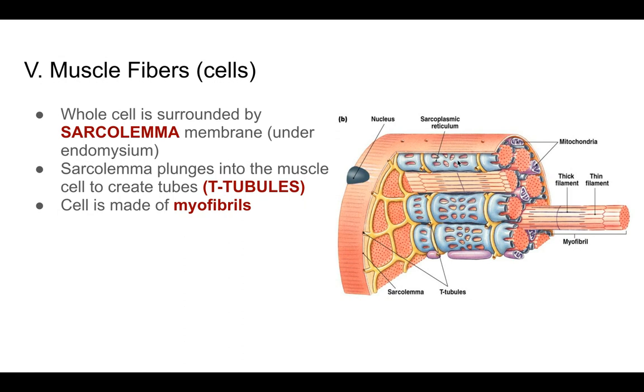Notice this overall muscle cell is made up of even more of these inner compartments. So the cell is made up of a bunch of myofibrils. So here's one myofibril that's been pulled out, but here's another one and another one and another myofibril.